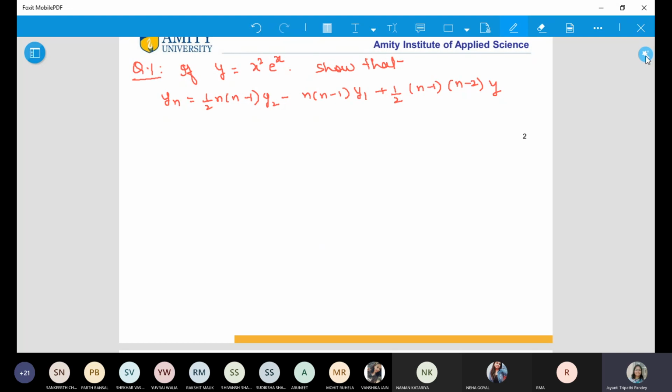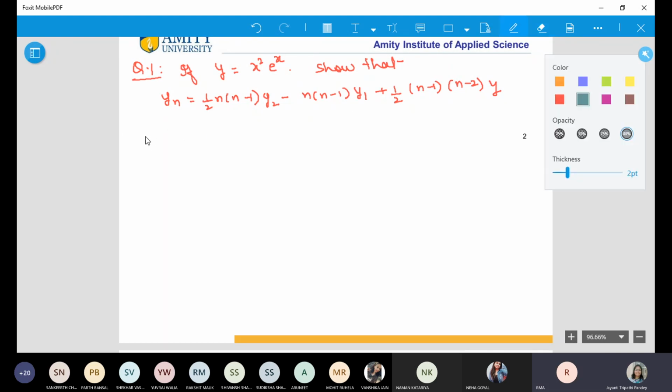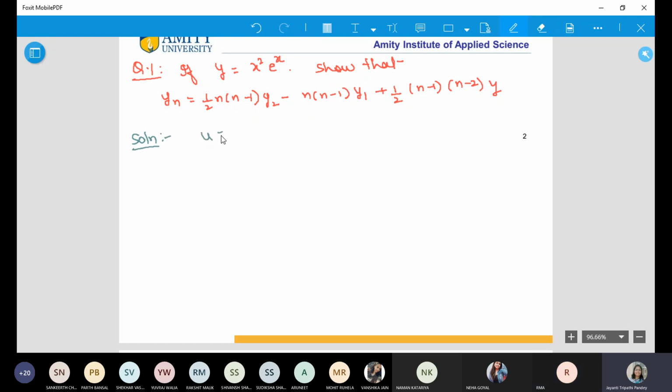Now what is our u and what is our v? Can anyone explain? Rama, what should be taken as u and what should be taken as v in this case? Ma'am, u is e^x and v is x square. Correct. u is e to the power x and v is x square.